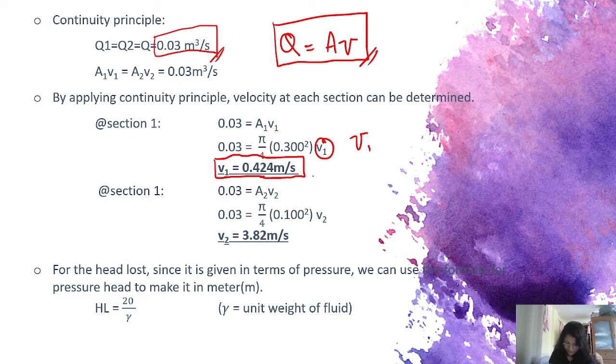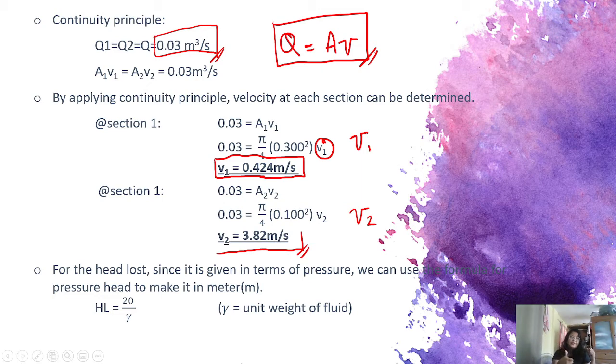Magkaiba na yan ng velocity and area. So, to get the velocity at point 2 or V2, you should divide 0.03 by pi over 4 by the diameter 0.1 squared. And then to get 3.82 meter per second. Okay? So, nakuha na natin yung velocity 1 and then velocity 2.